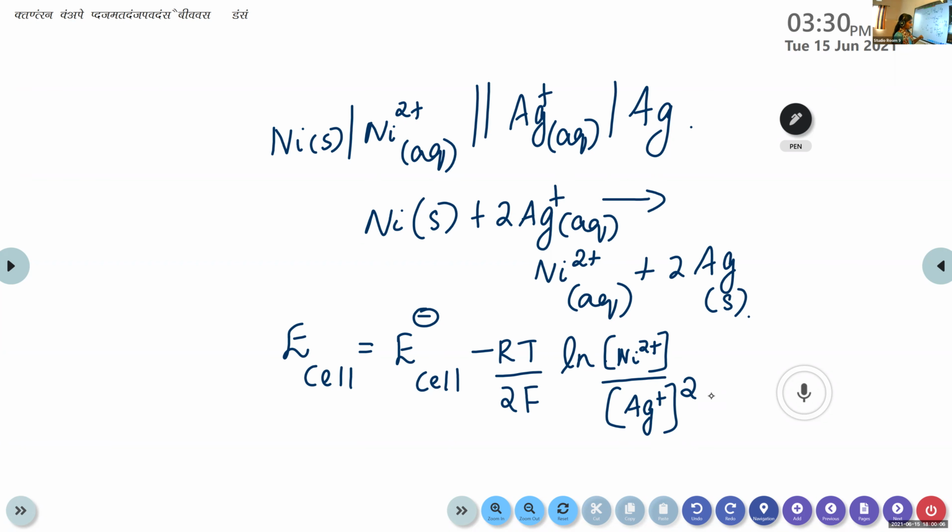Wherever there is a coefficient, you have to mention it as a power in the Nernst equation. This is clear for you?